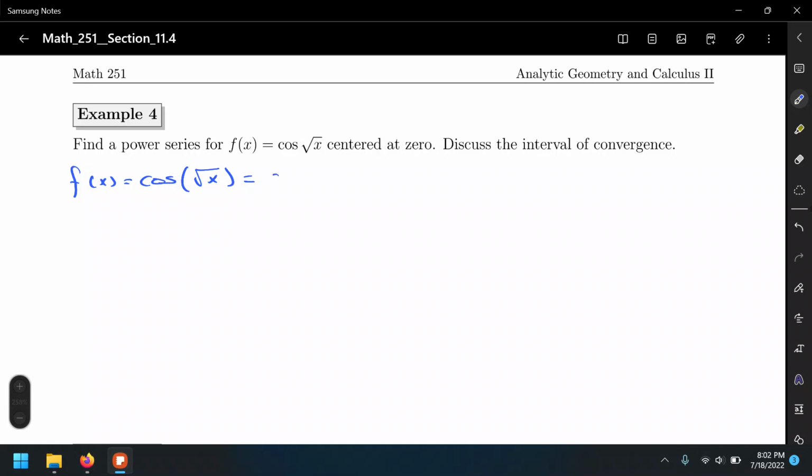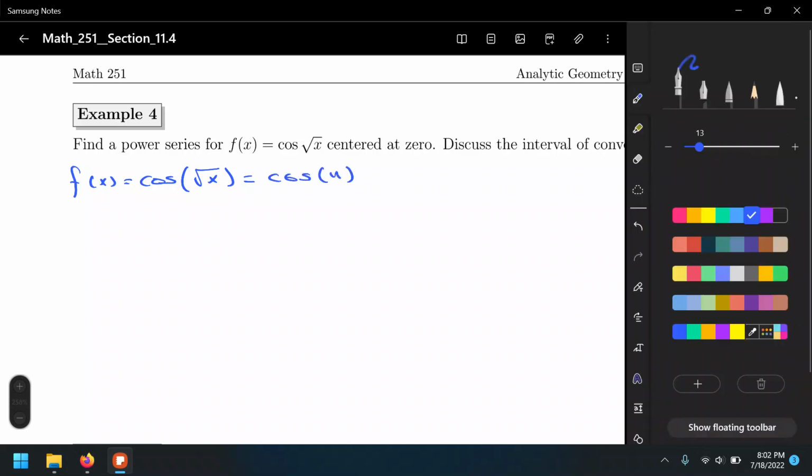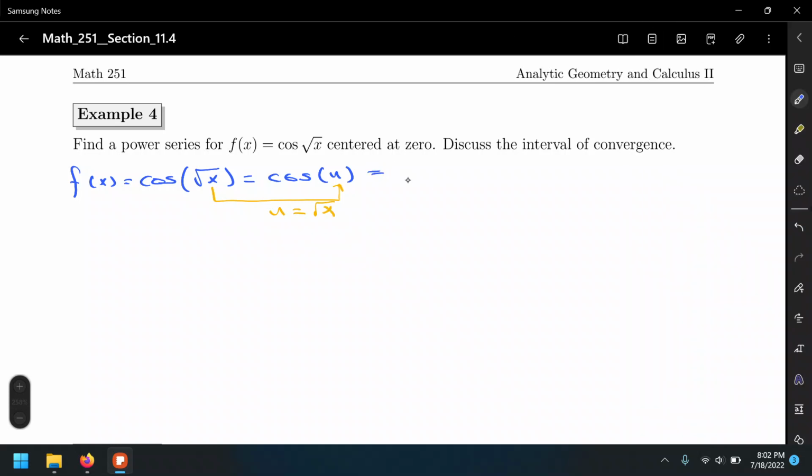If we write this in terms of u, cosine of u, where u equals the square root of x, this means we can write sigma n equals 0 to infinity and use the power series for the cosine function, which I believe we already used before. Yes, we did: (-1)^n u^(2n) over 2n factorial.